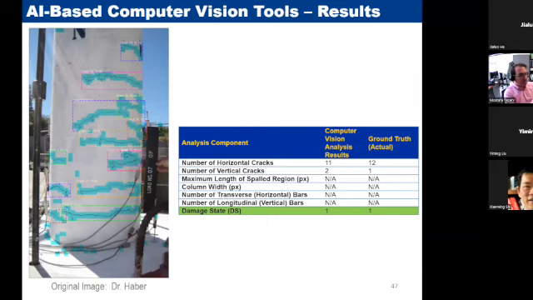And based on the combination of those and the definition that we have, it will tell you what damage state it is. The ground truth is the one that we manually calculated, and computer vision also found similarly the same number. Both a human inspector and this computer vision tool will tell you this is damage state 1, so you are at the lower bound, where you can open the bridge.